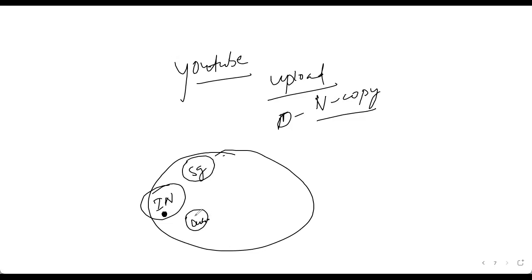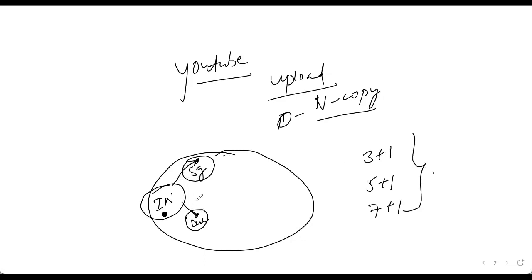If they don't have any data centers in India, they will upload one copy of the video to the nearest one, and then they will replicate the same data to at least 3 plus 1 or 5 plus 1 or 7 plus 1 data centers.